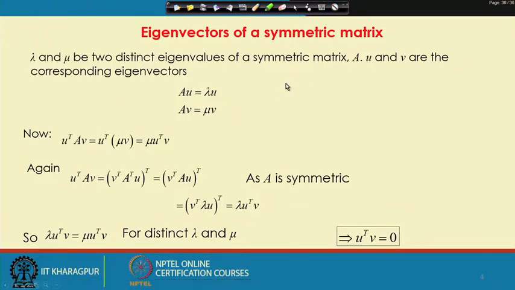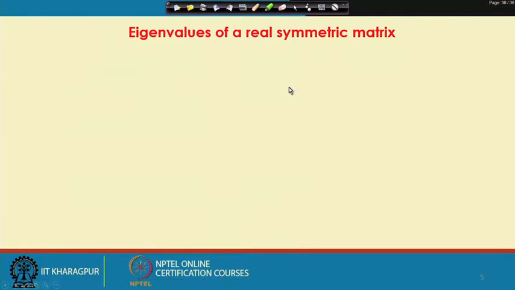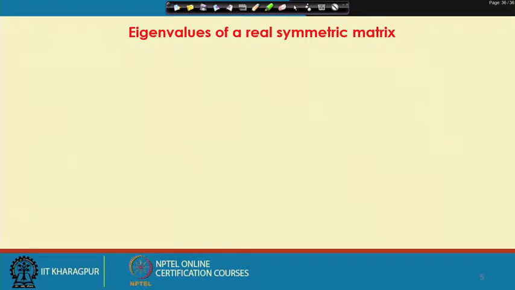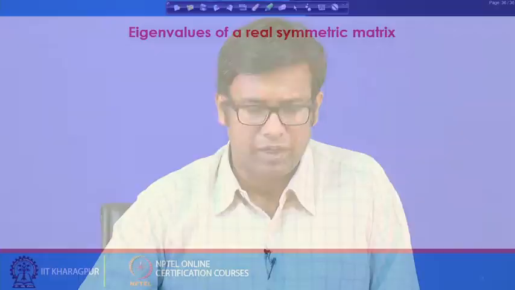So, what will be the eigenvalues for a real symmetric matrix? We got that eigenvalues of a real matrix will appear in complex conjugates, and eigenvectors for a symmetric matrix will be orthogonal to each other.